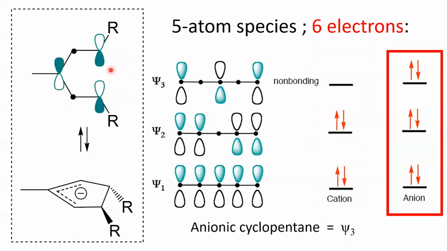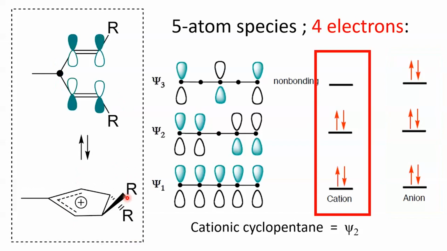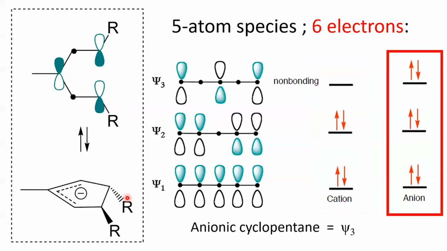This means if we're going to rotate these terminal pi orbitals, we're going to have to rotate them in a different way to bring matching lobes of the orbitals together to form the bond. This also translates to a different orientation of the R groups once the cyclization forms between the 4 electron species and the 6 electron species.